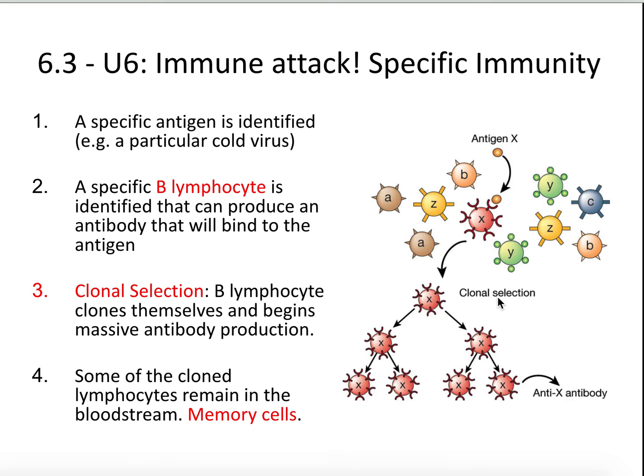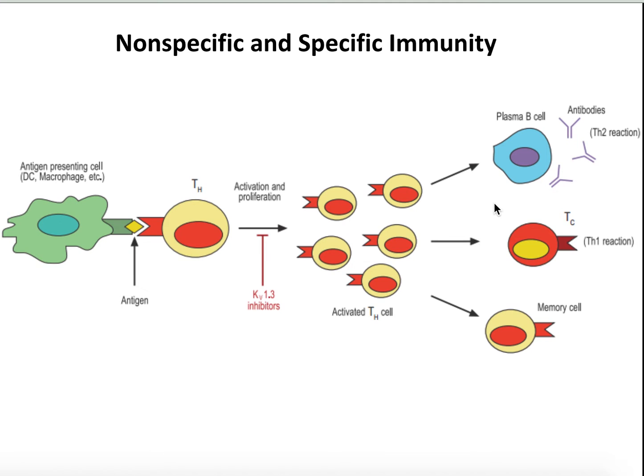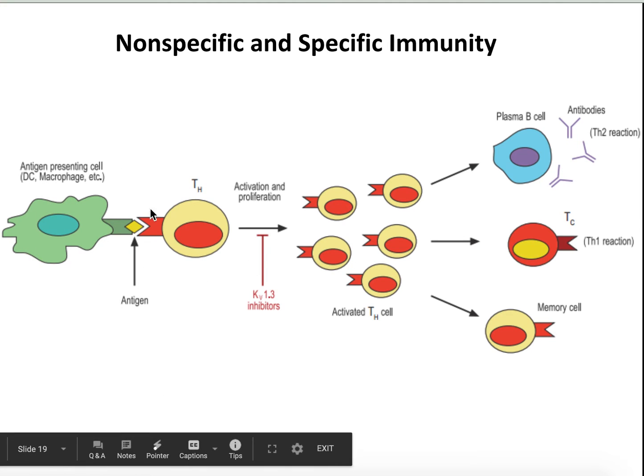That's specific immunity, because it has memorized this antigen and is able to attack it much faster than it would have if it was the first time it entered the body. This picture shows the non-specific reaction here, and this shows the specific immunity reaction here.